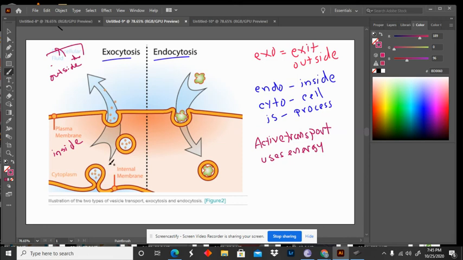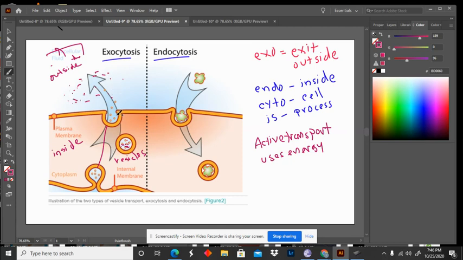It could produce proteins, hormones, and it wraps the material inside of an internal membrane to form structures called vesicles. These vesicles have the material inside, and they are wrapped in a membrane. What they do is go to the outside of the cell and fuse with the cell membrane, and the material gets released outside of the cell.